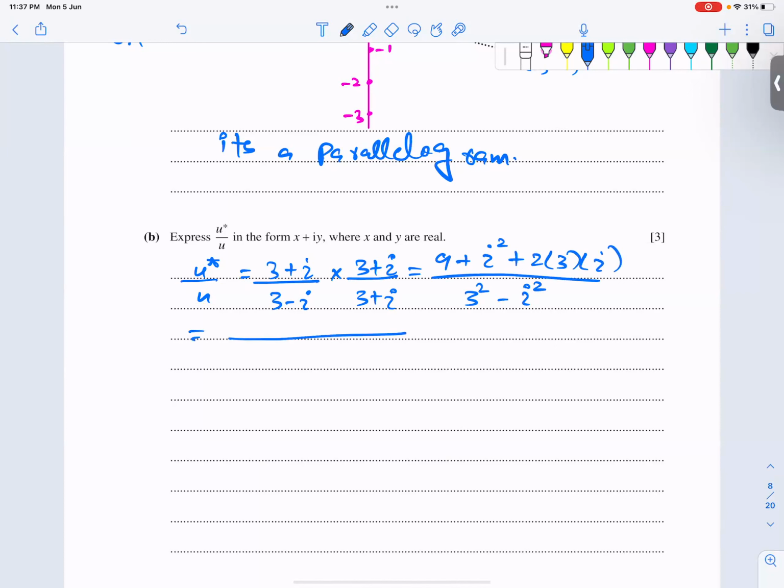So the denominator will be 9 plus 1, since i squared is minus 1. So this will be 8 plus 6i divided by 10. So that will be 4 over 5 plus 3 over 5 i.